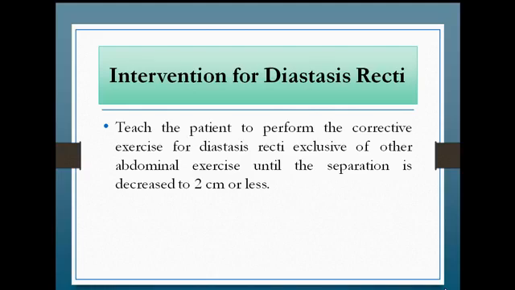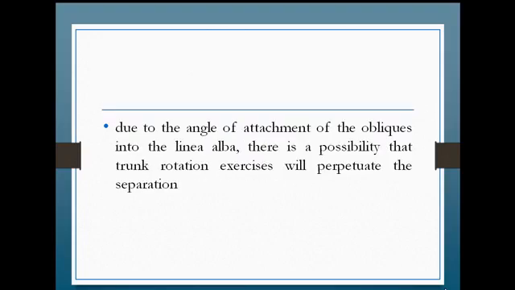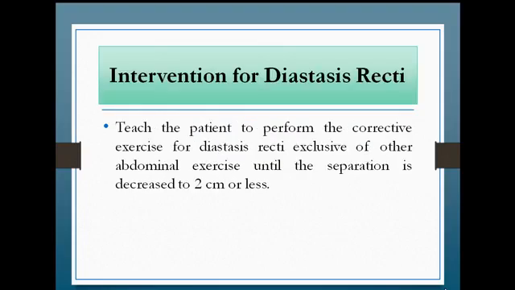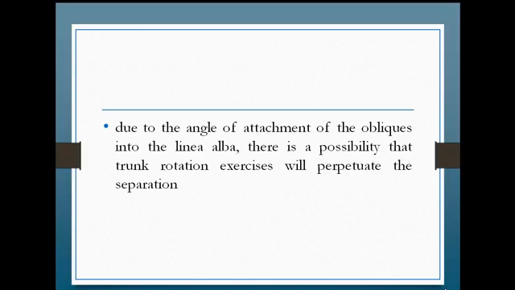Now comes the intervention. The starting position will be the same. As I have told you, you will just ask the patient to do the corrective exercise of diastasis recti until the separation is less than 2 centimeter.